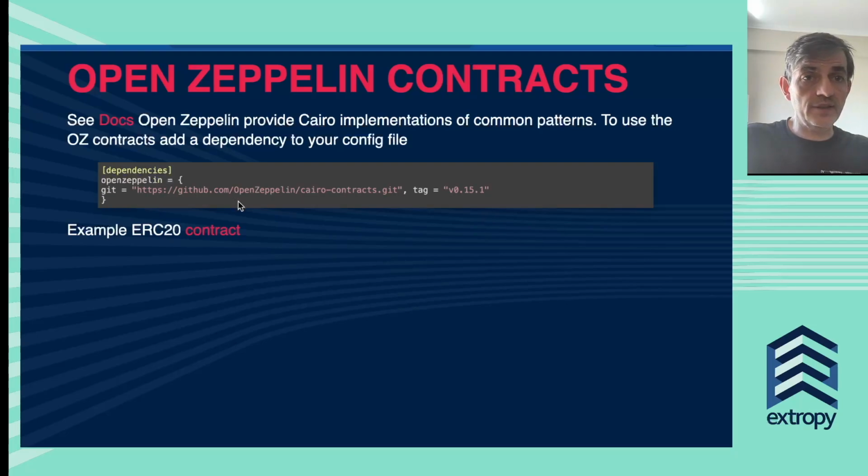So you can see the dependency there. The latest version is 15.1. So if you have that, then you can use those contracts within your contract. You can import those. If you want to see what one of the OpenZeppelin contracts looks like, then there is a link there to an example of an ERC20 contract.